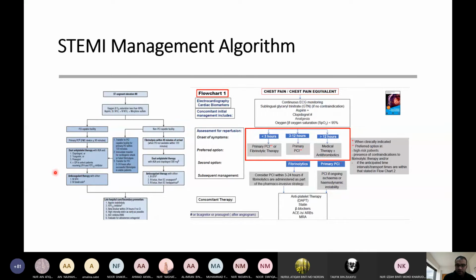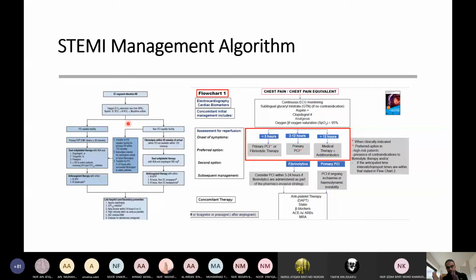And this is the medication to be offered, and we can see here prasugrel beside clopidogrel and ticagrelor as one of the antiplatelet options. And the anticoagulant therapy in terms of the PCI, we can see here unfractionated heparin and bivalirudin alone. Okay.